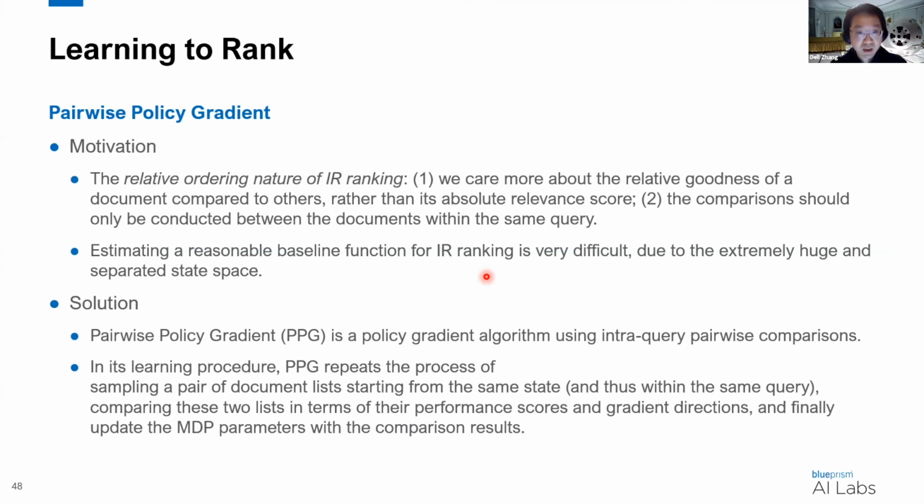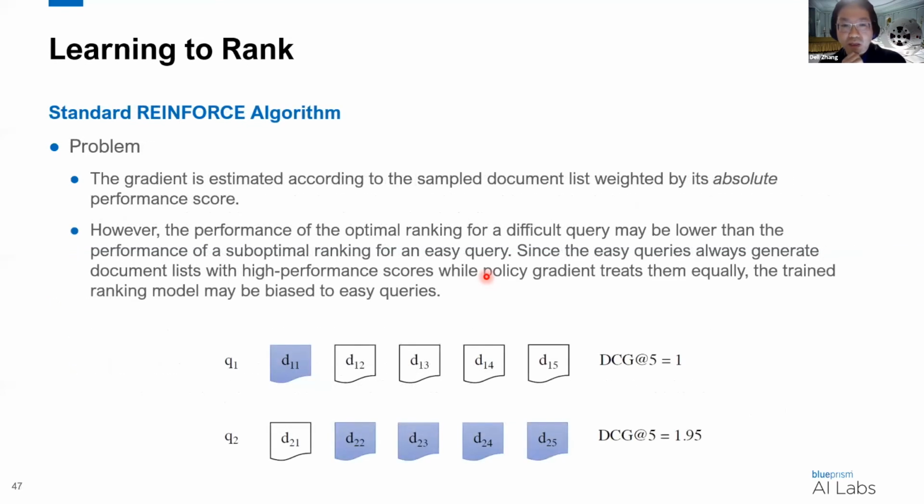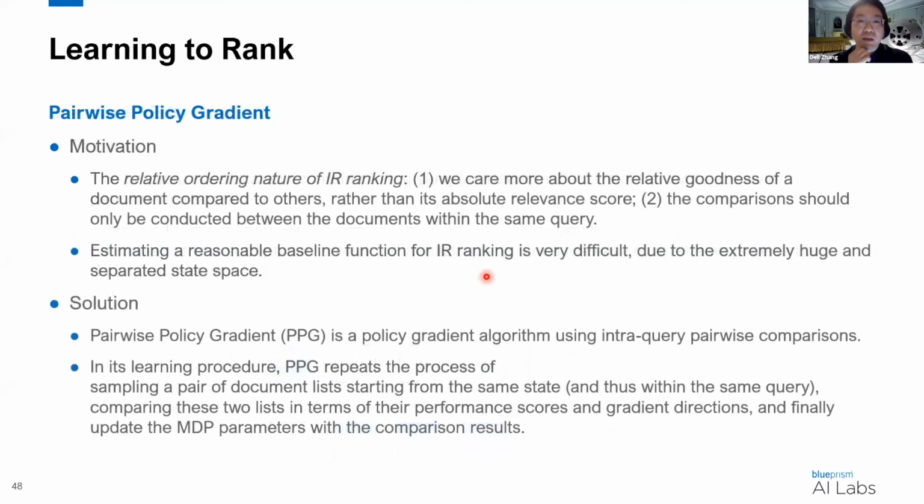So the idea to address this problem is to use a good baseline. For example, the average return, or as in actor-critic, you use the state value. But in information retrieval, it's relatively difficult.